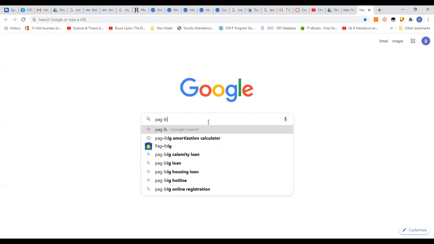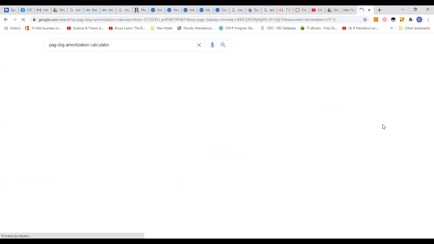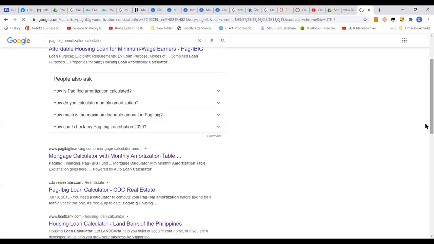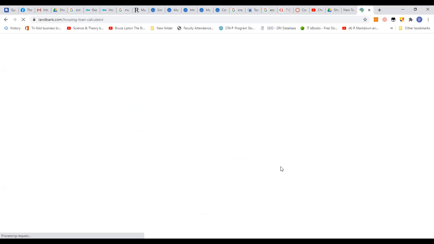Pag-ibig. Ito, amortization calculator. Let's see. Ito yata sa Land Bank. Housing loan calculator. And we'll end in this.